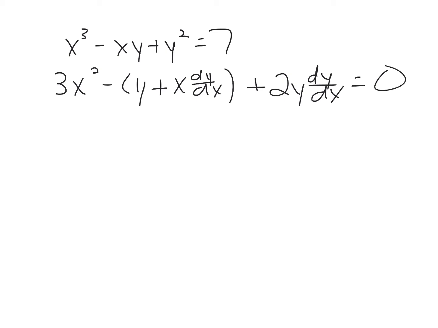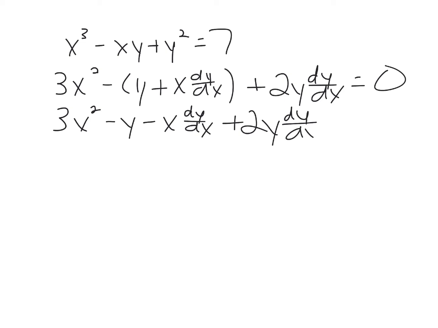Now, what was step 3? Wait, I kind of skipped step 2, I'm sorry. Step 2, we need to move all the dy dx terms to one side and all the non-dy dx terms to the other. So if I distribute that negative sign, and then we move everything to one side, all the dy dx on one side and the non-dy dx to the other.